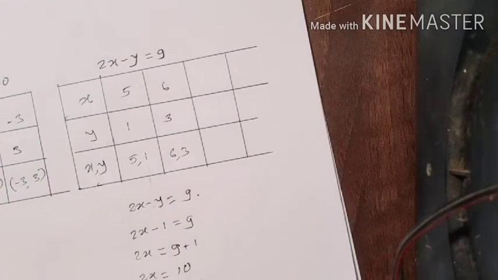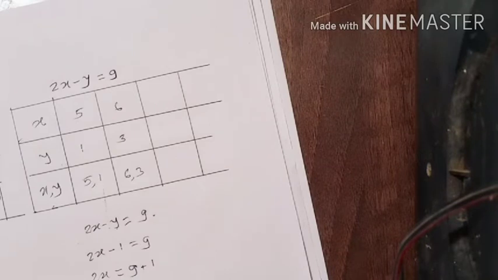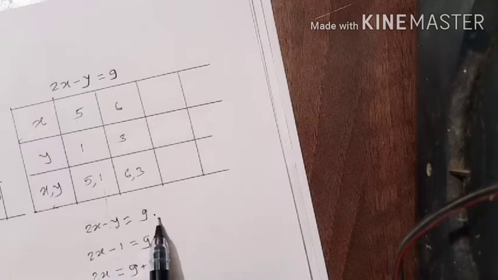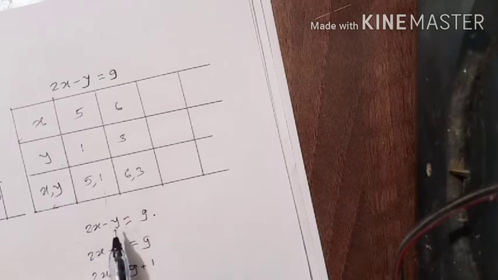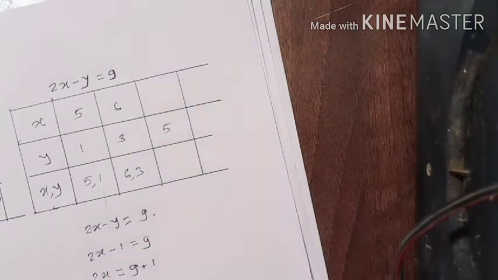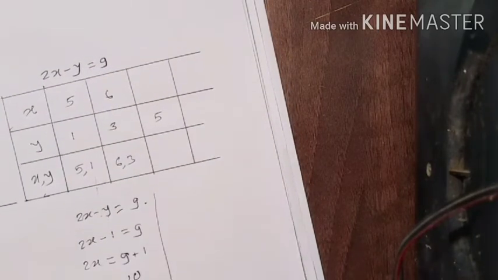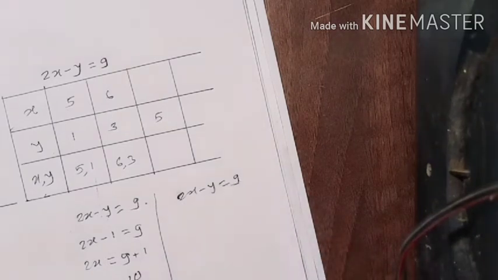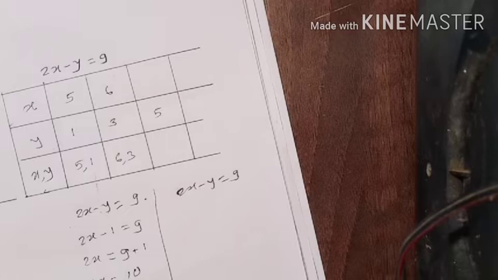Now for the third value or third box, we will put the value of y. See here, suppose we will put the value of y as 4, then 4 goes there plus 4. 9 plus 4 is equal to 13, and 13 is not a multiple of 2. Therefore, we will put the value of y as 5. Then see the equation. 2x minus y is equal to 9, and we are putting the value of y as 5.